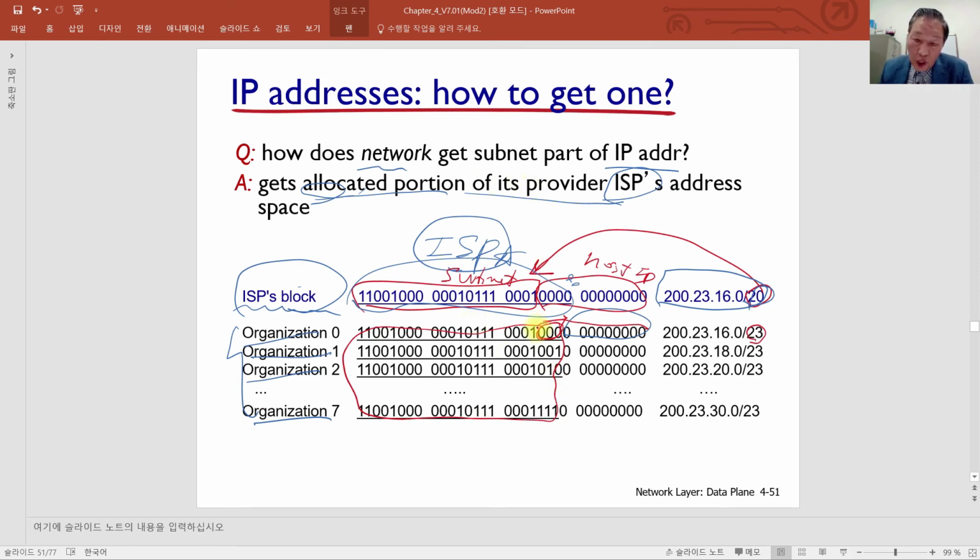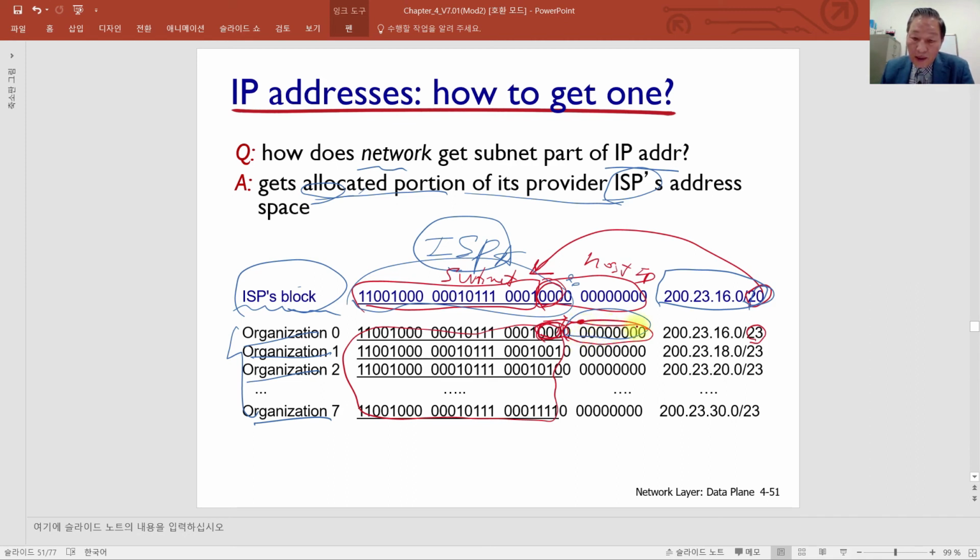Original block was big, and among that host ID, some portion will be assigned to the subnet part, like this. Then the host ID part is reduced. Thus the number of hosts which we can assign will be reduced.